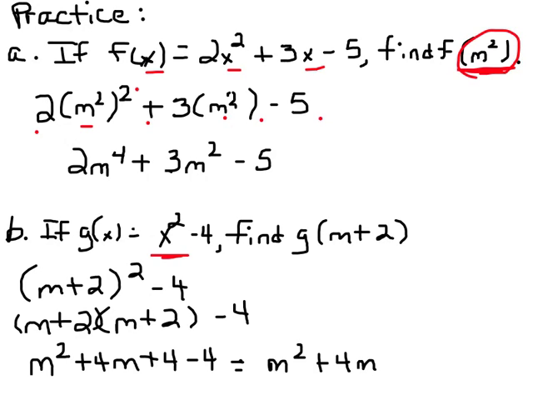When we square m plus 2, we get m plus 2 times m plus 2. When we do FOIL, we get m squared plus 2m plus 2m, which is plus 4m. And then we get plus 4, 2 times 2 is 4, and then minus 4. When we simplify that, we're left with m squared plus 4m as our output.